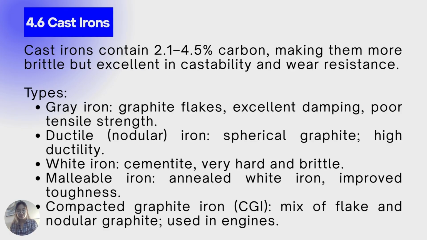Ductile or nodular iron, shown in figure 4.13b, has spherical graphite nodules that greatly improve toughness. White iron contains cementite and is extremely hard, while malleable iron results from heat-treated white iron, improving ductility. Compact graphite iron (CGI) combines features of both and is widely used in modern engine blocks.